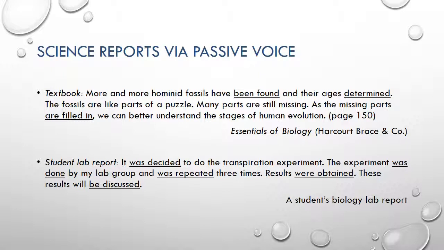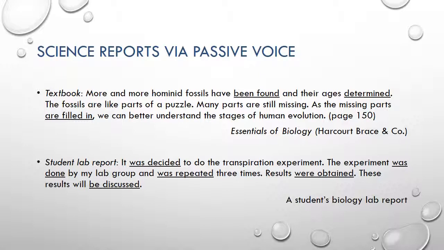according to the writing. And we find that students, they might know nothing about passive voice, but they still replicate it in their writing. So here's a student lab report. It was decided to do the transpiration experiment. The experiment was done by my lab group and was repeated 3 times. The results were obtained. These results will be discussed.